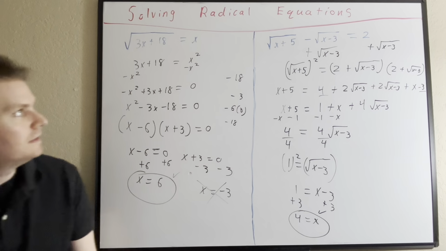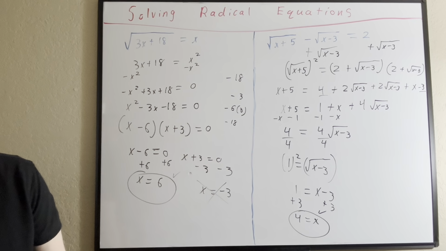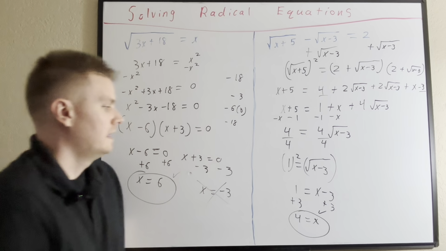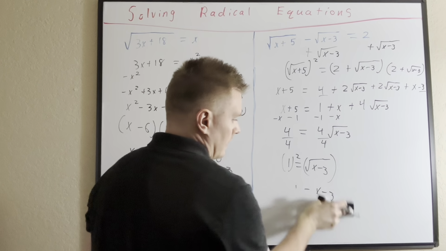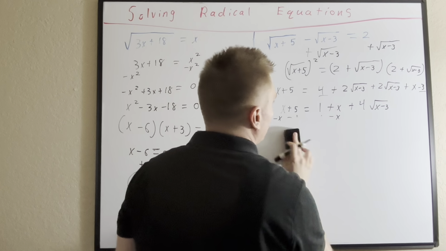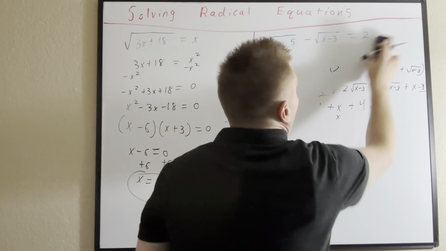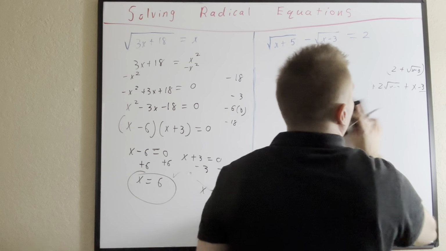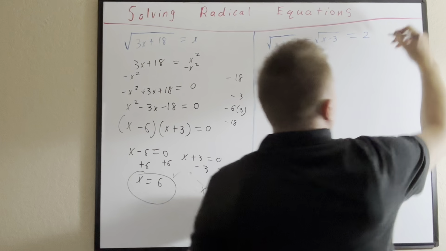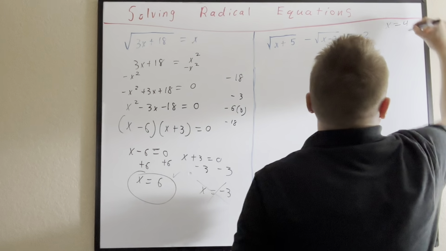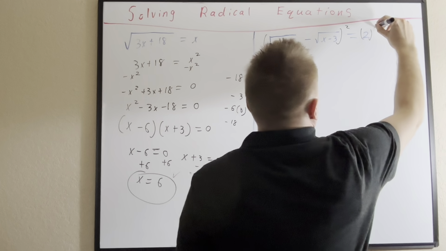I wonder if we did it the other way, would we still get the same answer? Let's try it out of curiosity. All that work. Remember, x equals 4. Okay. Square both sides again.